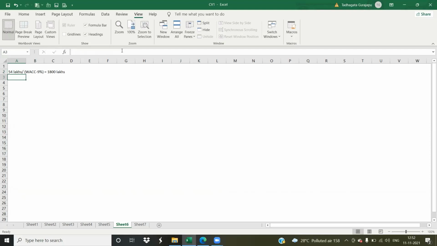So WACC minus 9% is equal to 54 lakhs by 1800 lakhs, right?